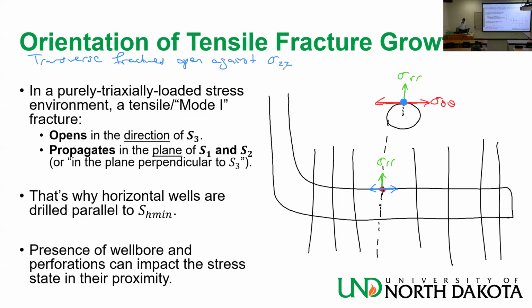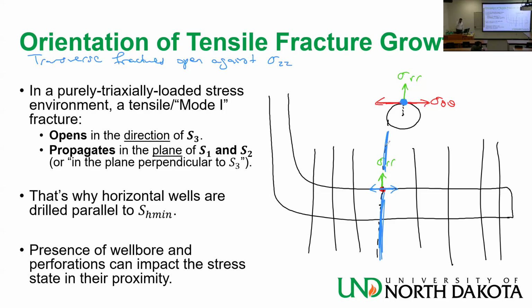Okay. So this transverse fracture is basically opening by doing work against the blue axial stress and propagating in the plane of sigma RR and sigma theta theta, like Hakim said.